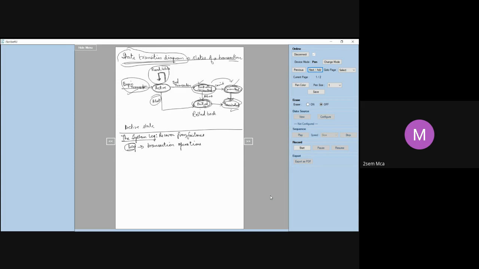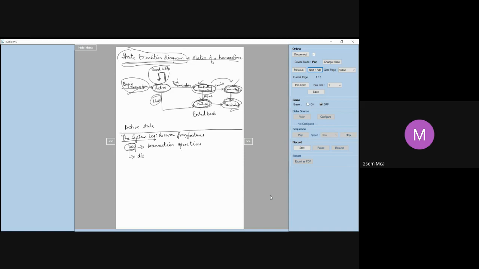So in order to help recover from the failures of the transaction, the system will maintain a log to keep track of all the operations of the transactions. Now, this log information is required in order to recover from failures. Where is the log kept?